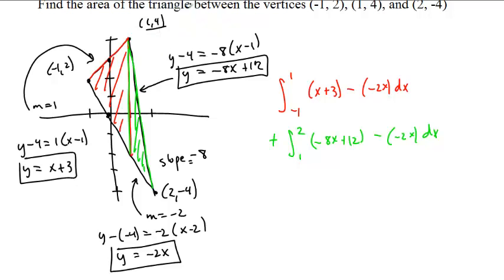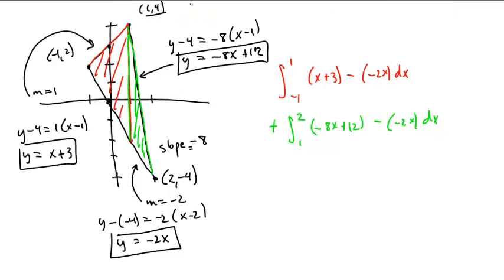Now I apologize for the flaming colors. Let's tidy this up a little bit. This is the integral from -1 to 1 of x plus 2x, is 3x plus 3 dx, plus the integral from 1 to 2 of -8x plus 2x, is minus 6x plus 12 dx.